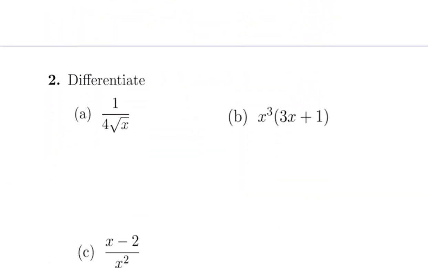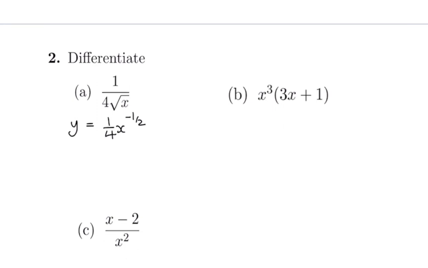So it says differentiate 1 over 4 root x. So I'm going to write y equals a quarter x to the negative a half, because I've just simplified that term so we can differentiate it. And then we're going to differentiate, therefore dy dx equals negative an eighth x to the negative 3 over 2.